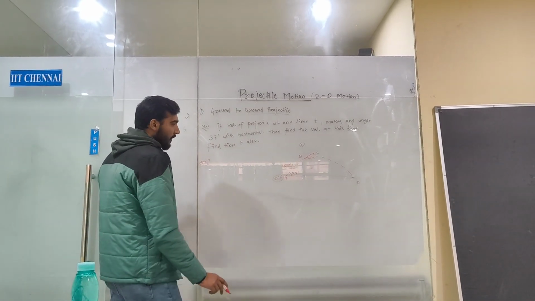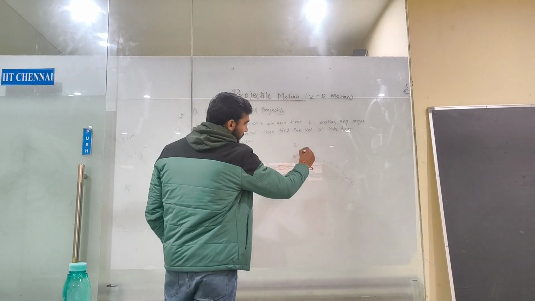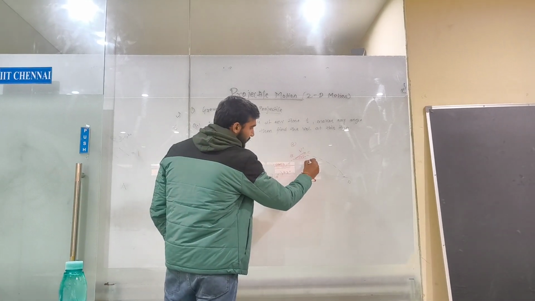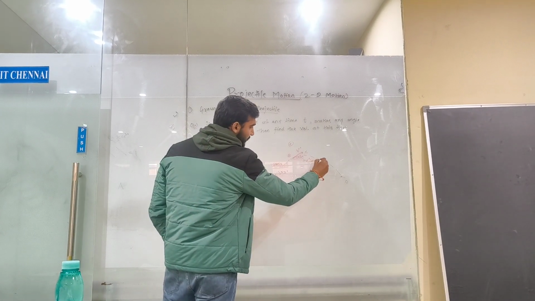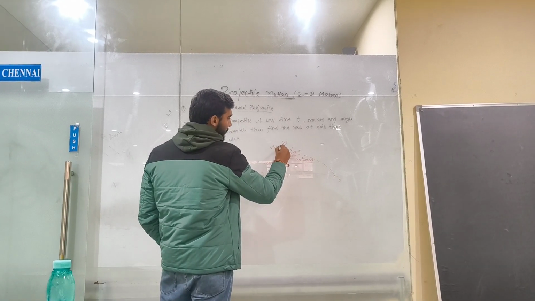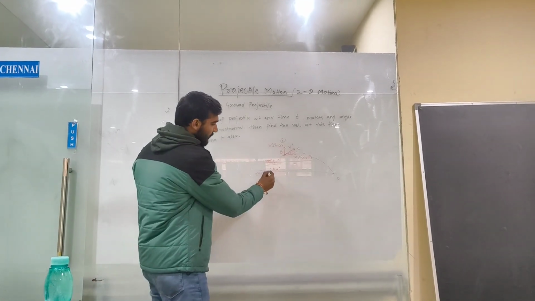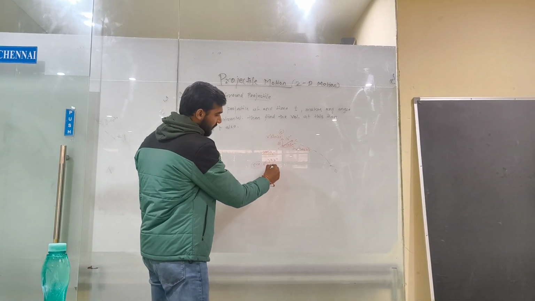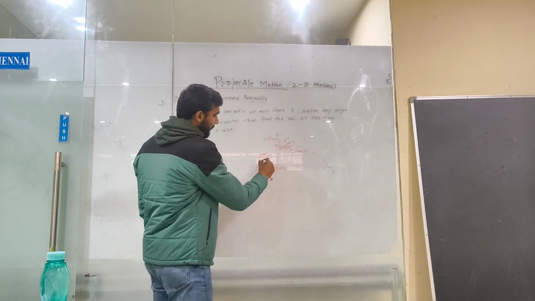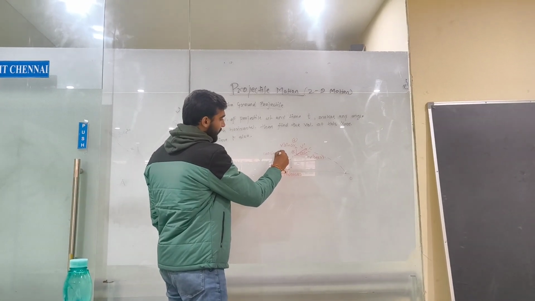Let's see how. First of all, find the velocity at B. Let's say I am calling it v dash. So make the components. This is v dash cos 37, and the vertical is v dash sin 37. And making the components of the initial velocity, this is 100 cos 53 and this is 100 sin 53.